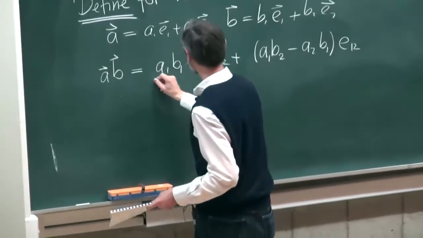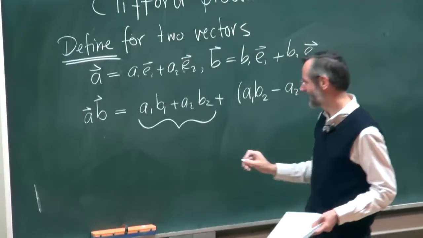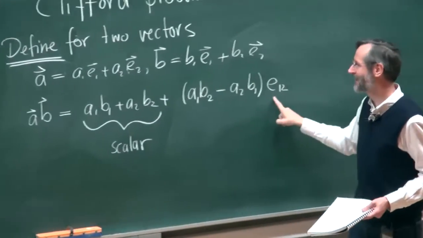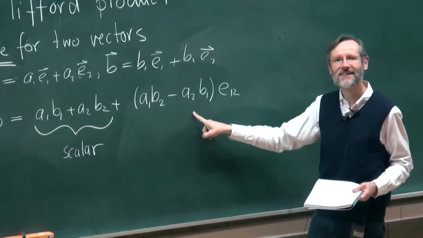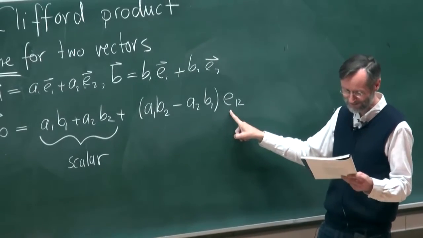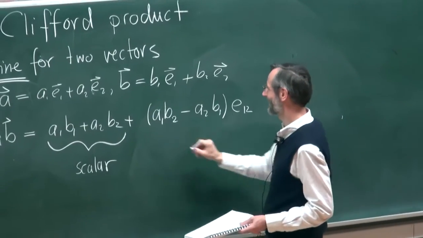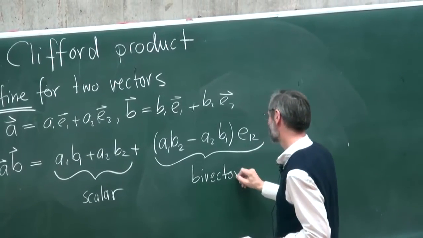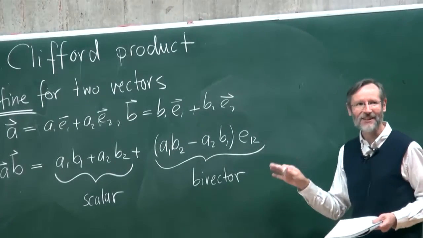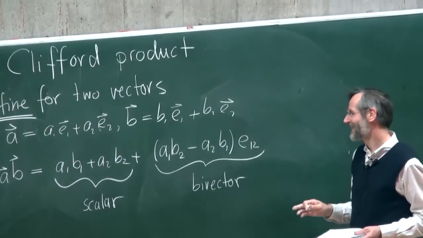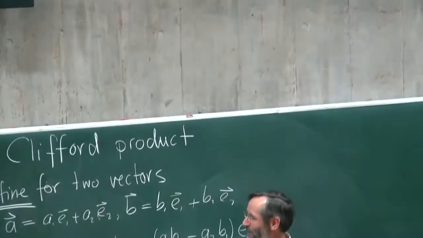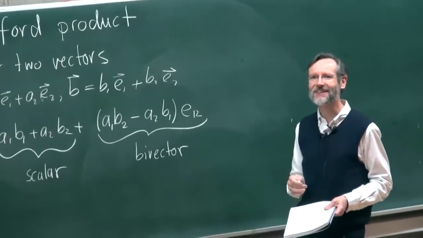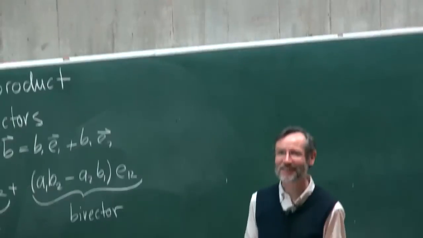So it's the sum of something which is scalar and real, and something which is a scalar coefficient times bivector. And next time I'll talk more about it, and you learn more about what that is geometrically. Both have very nice geometric interpretations.